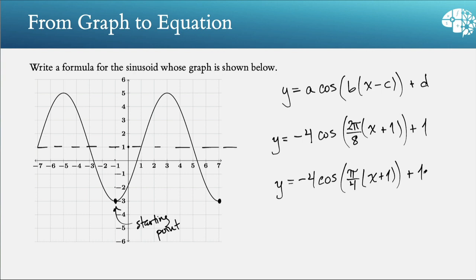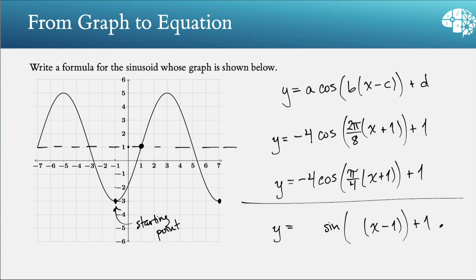I'm going to very quickly just write out what it would be if it was sine. And I'll quickly walk you through it here. Okay, y equals. If I was doing sine, I would look at a point on the midline. There's a point right there on the midline. Okay, and so I have sine. I know that that's at x equals 1, so it would be x minus 1 in there. The midline's still 1, so it's still plus 1 there.